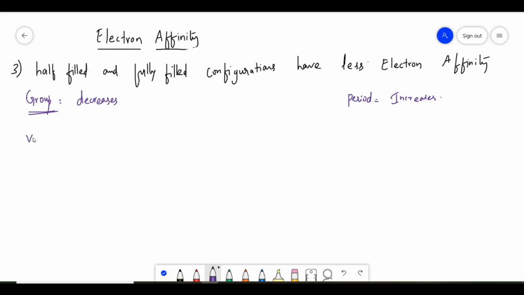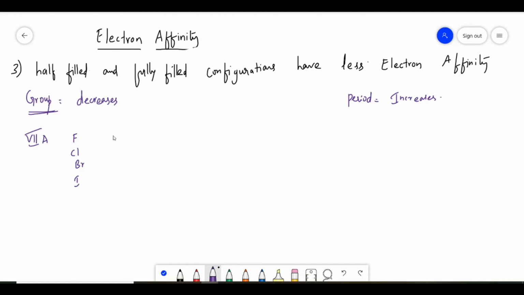if you take 7A group elements. 7A group elements means fluorine, chlorine, bromine, and iodine. In these four elements, generally in a group from top to bottom, the electron affinity decreases. So what is the expected order?